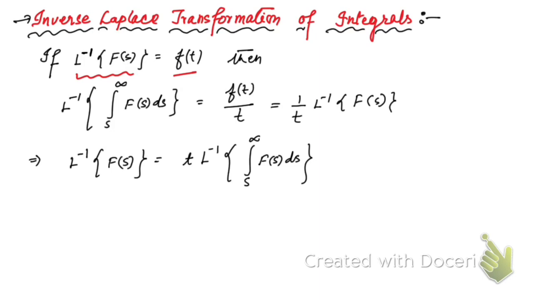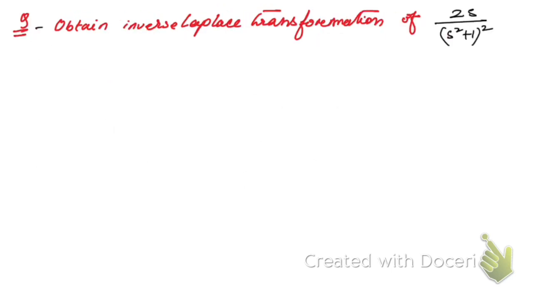Let us apply this method in order to find an inverse Laplace transformation. Let me give you an example from the mathematical physics books by Lakhyajit. Suppose we need to obtain the inverse Laplace transformation of this capital F of s.